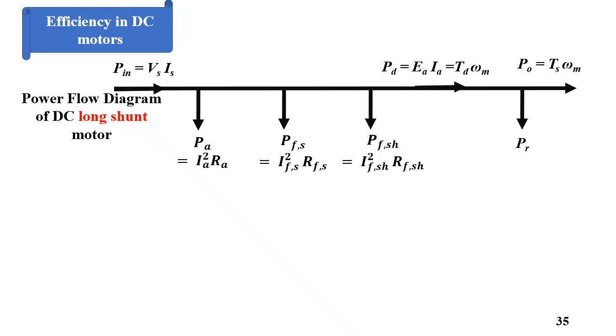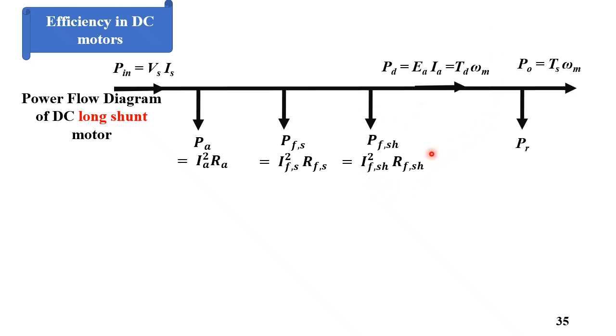For the long shunt compound motor, we have the power input, which is V supply times I supply, the copper losses for the armature, I armature square R armature, the copper losses for the series field winding, which is I field series square times R field series, and the power losses in the shunt field, which is I field shunt square times R field shunt.